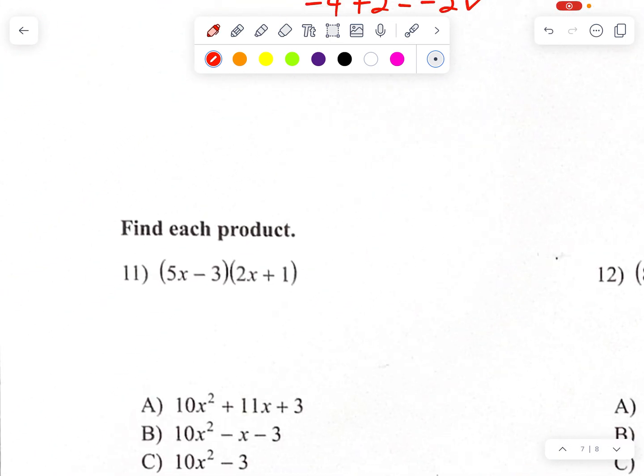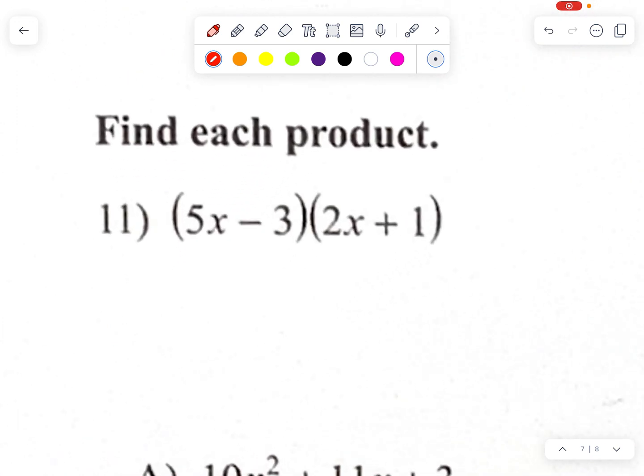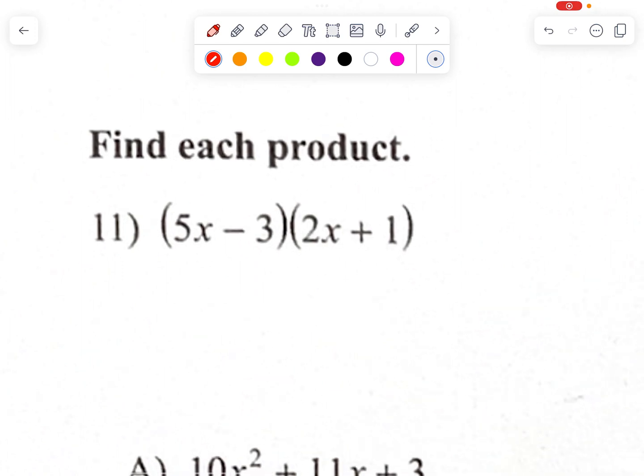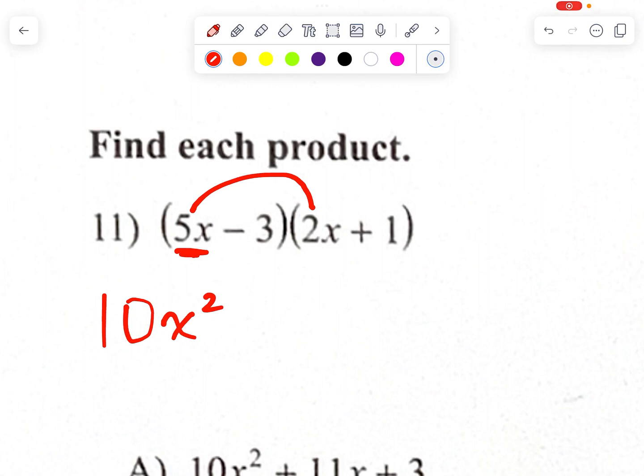Okay, now we're going to reverse the process, and we're going to do a multi-distribution here. And so to do that, we are going to start with the 5x, and we're going to multiply 5x times 2x first. When you multiply numbers, 5 times 2, that's 10. But remember, when you multiply letters, x to the first times x to the first, we add the exponents. So that's x squared.